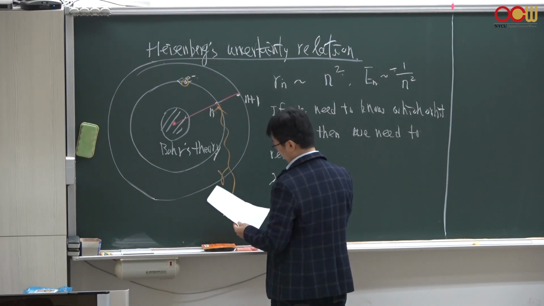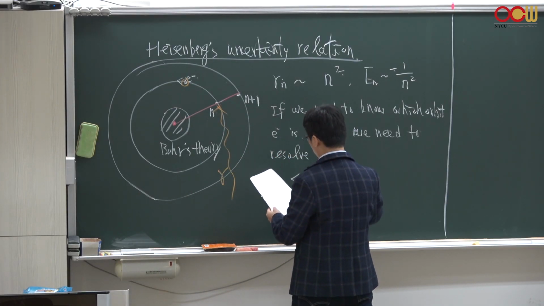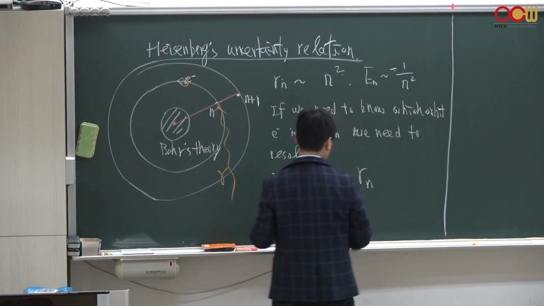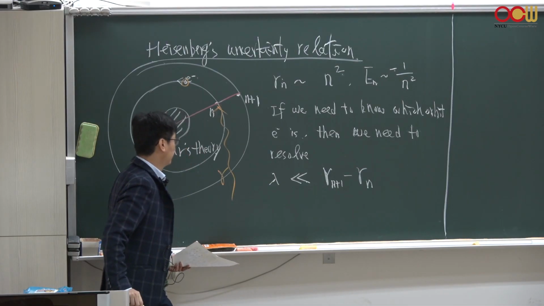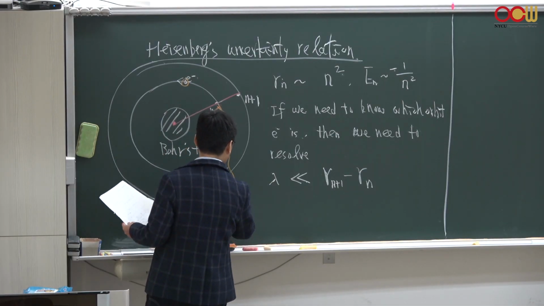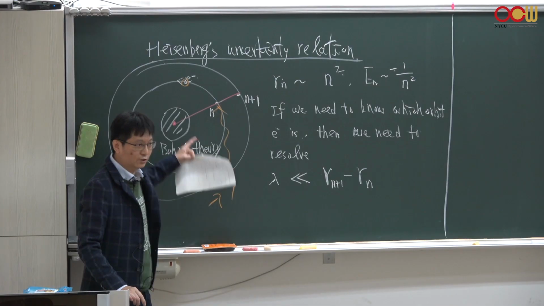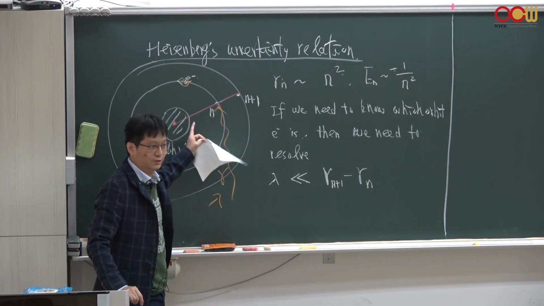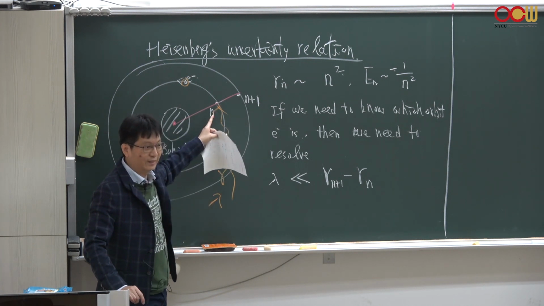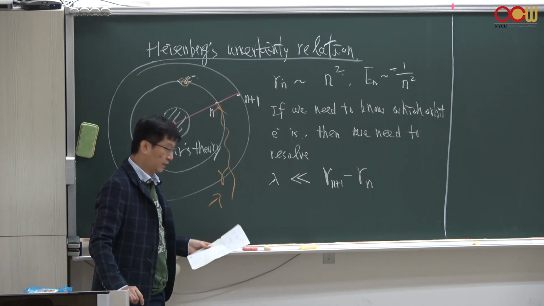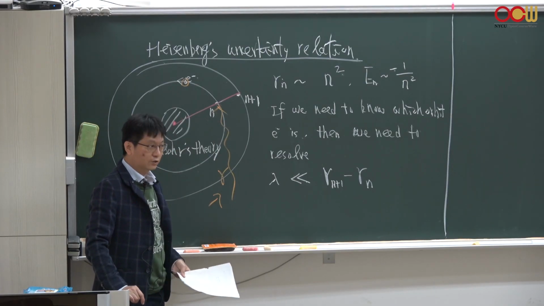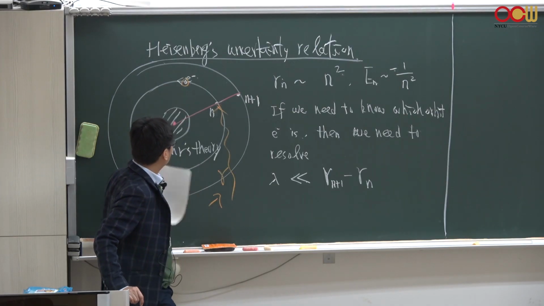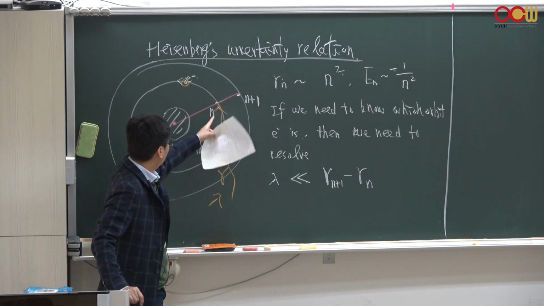But that wavelength should be much shorter than the distance between these two radii, Rn plus 1 and Rn. So how do you see this electron? You don't see an electron by your eyes. You send a laser, a particle, a photon. You hit this electron, and then you see the electron kicked out of this incident photon, and that's the way you detect the electrons circling around a particular orbit, say the nth orbit.